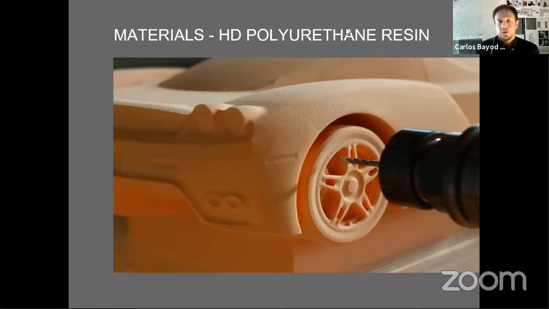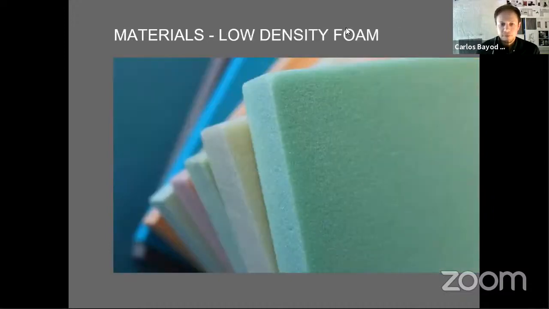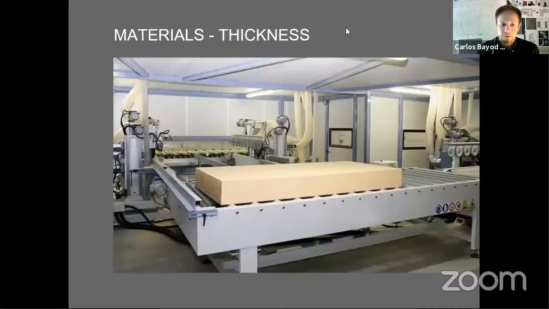When you want to recreate very fine detail, a lot of information of the surface, you should try to go for high density materials, for example, polyurethane resin panels. But then if you are just interested on generating a very basic shape, not interested on the actual quality of the surface, you can go with using just lower density materials like these ones.